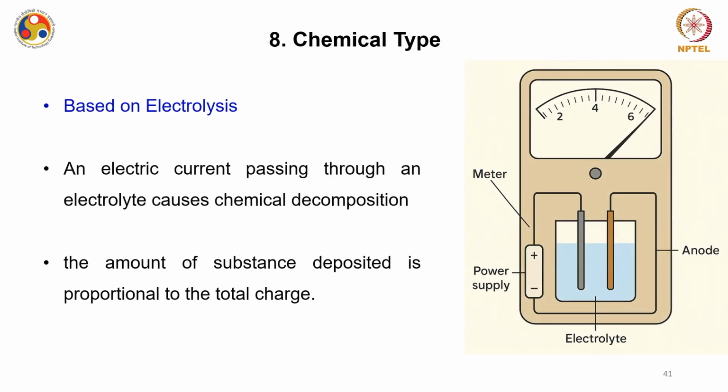Then finally, we have another kind of device which is the chemical type. This kind of device is based on electrolysis. So basically what is happening is an electric current is passing through an electrolyte, which causes its chemical decomposition, and the amount of substance deposited is proportional to the total charge.